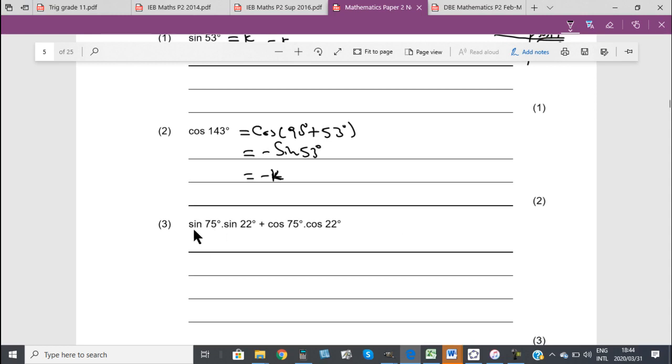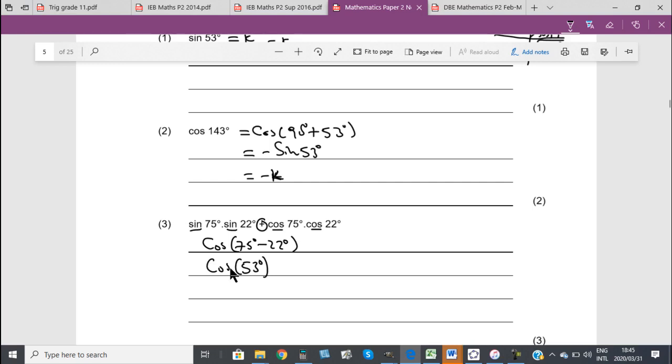Now here we have sine, we have cos, plus. So let's compound your cos. Remember for cos, if you see a plus, then it's only minus, you subtract the two angles. The two angles are 75 and 22 degrees. So this is just cos of 75 minus 22, which is 53. So you see, one way or the other, you have to have that 53.